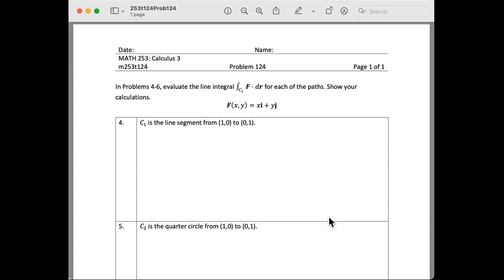There's the vector field evaluated at all the points. We find the dot product of this with r prime, or dr, which is negative i plus j dt.